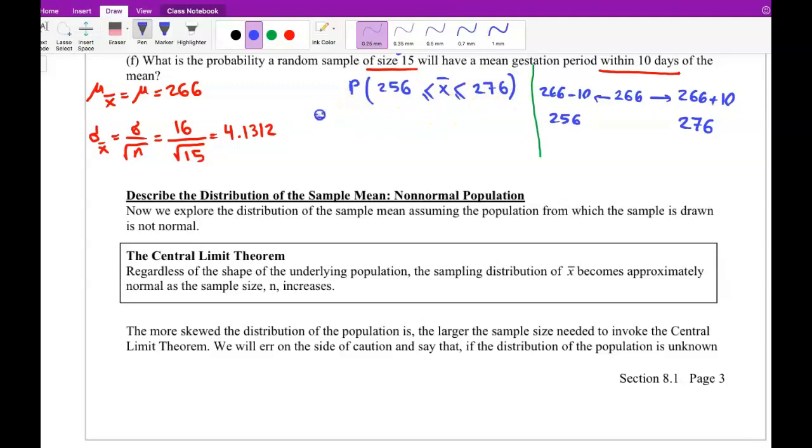Since here it is x bar, instead we need to find z. So z is between negative 2.42 and 2.42.